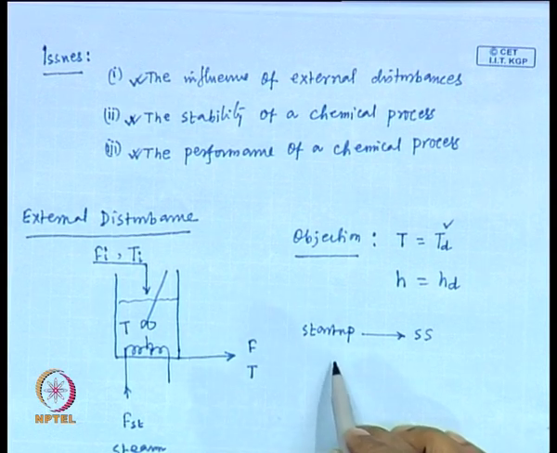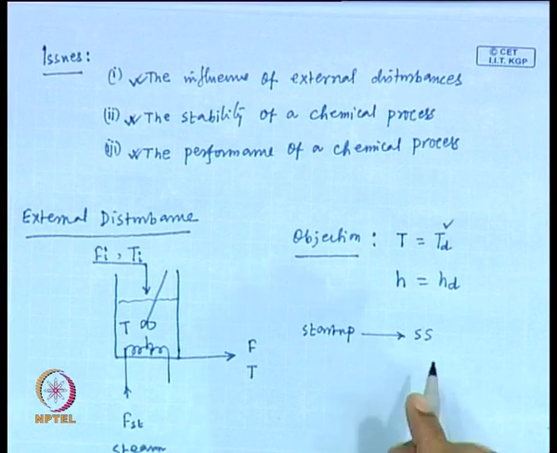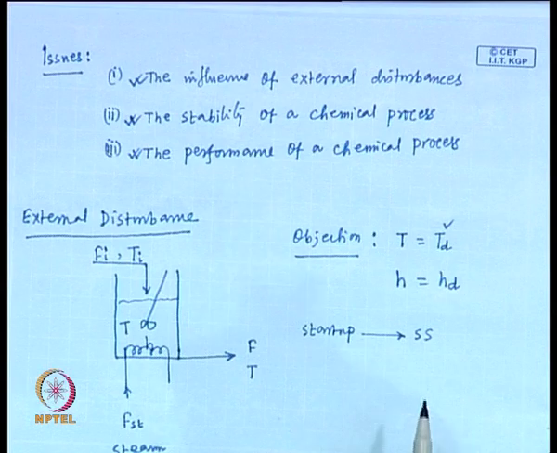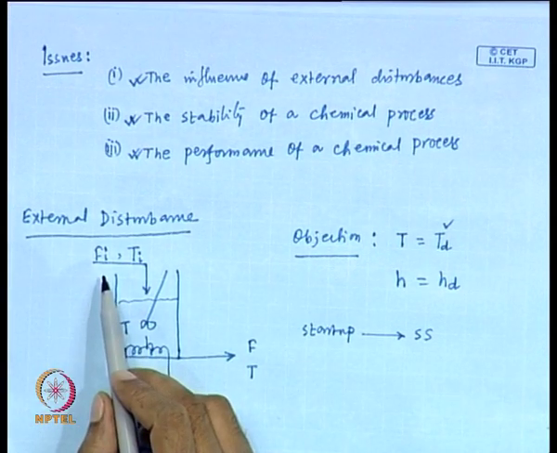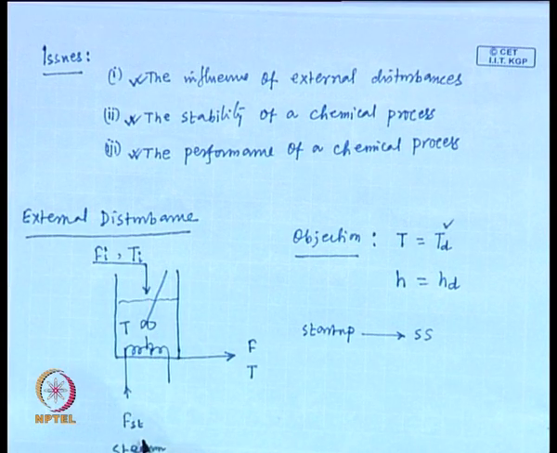Now, suppose the process is at steady state, and if there is no external intervention, I mean if there is no change of Fi, there is no change of Ti, there is no change of Fst, the process remains at steady state all the time. So, if there is no change of any input variables, then the process remains at steady state. So, there is no need of any control system, but this is not the case in practice.